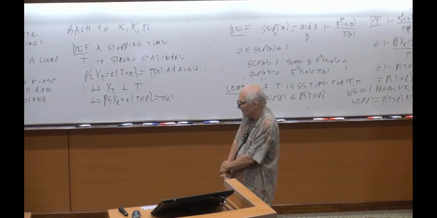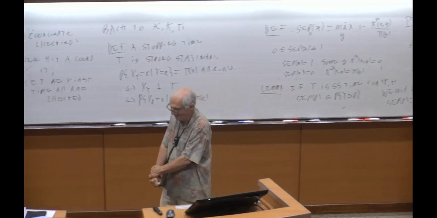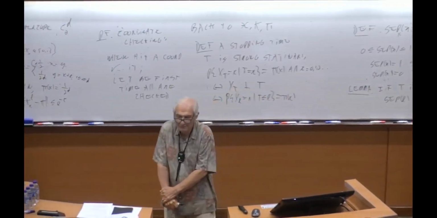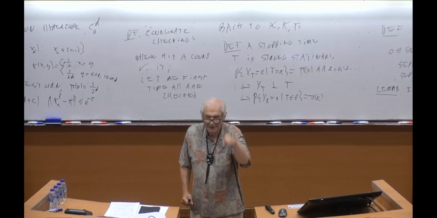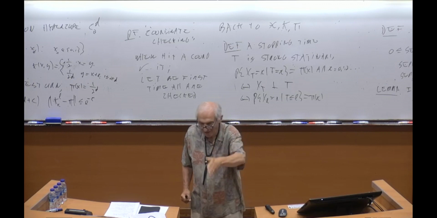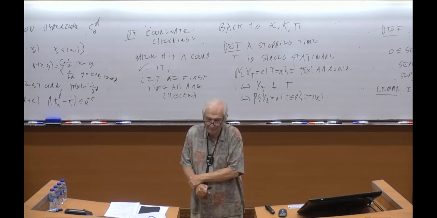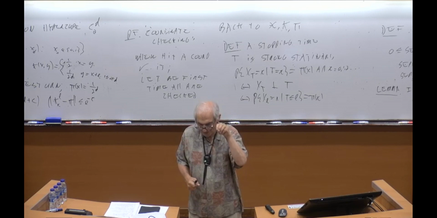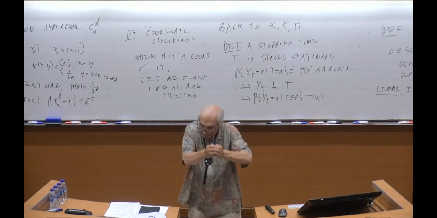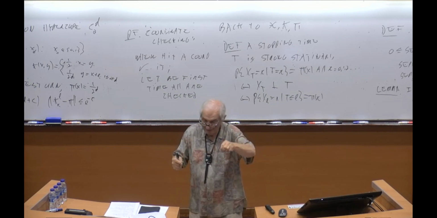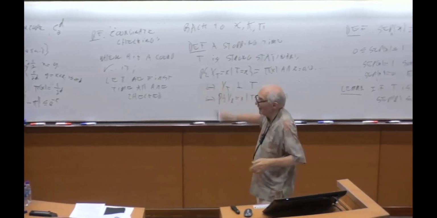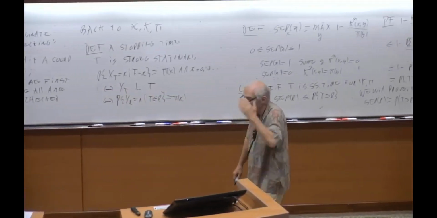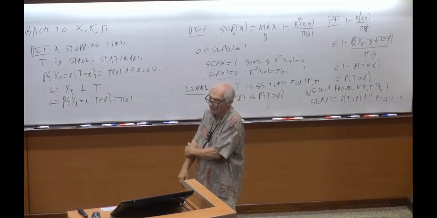So you can speed that up a little bit. The following speeds it up by a factor of 2. Suppose I pick a coordinate and then I flip a fair coin, and half the time I do nothing, and half the time I change it to its opposite. When you decide to do nothing, pick another coordinate at random, including that one, and check it. That doesn't change the fact that you've got a strong stationary time, and it speeds up the mixing time by a factor of 2.